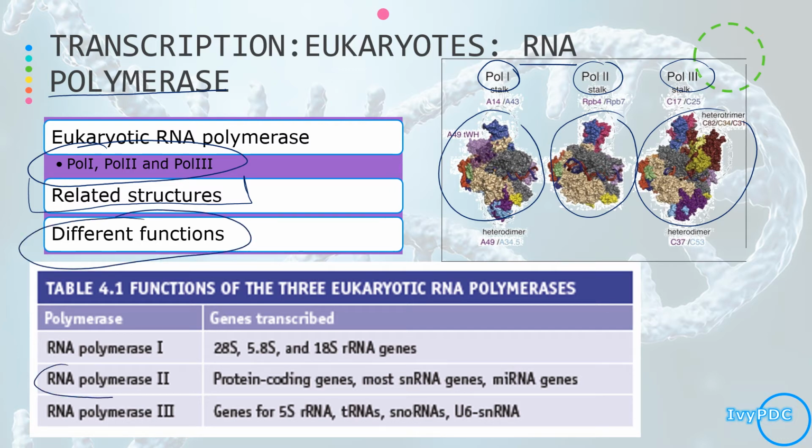Researchers are more concentrated on RNA polymerase 2 because this is the one in charge of the gene coding of proteins, or as we say, the one responsible for the transcription process, although it also transcribes small nuclear RNA and microRNA. The other two, polymerase 1 and polymerase 3, can only transcribe non-coding RNA.